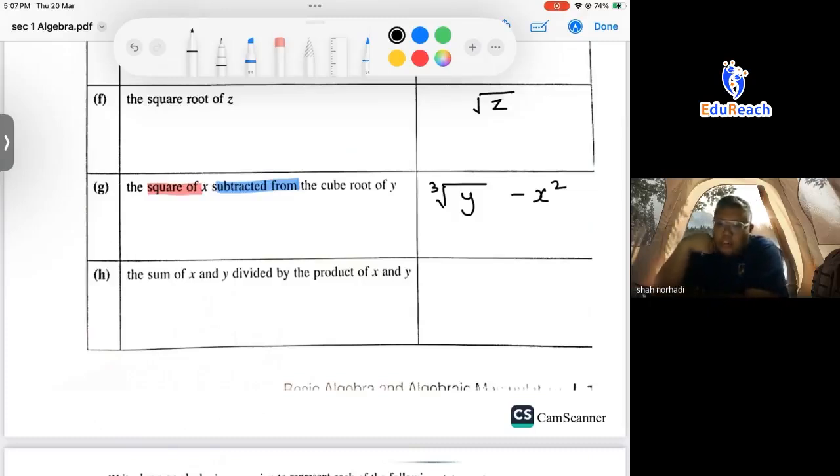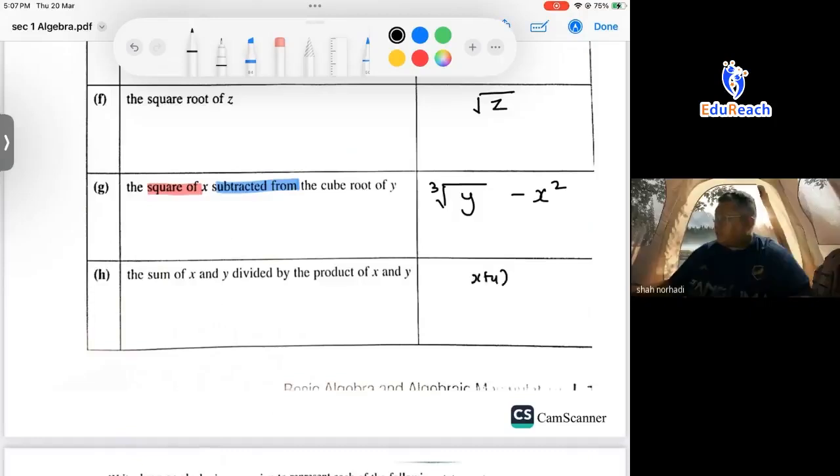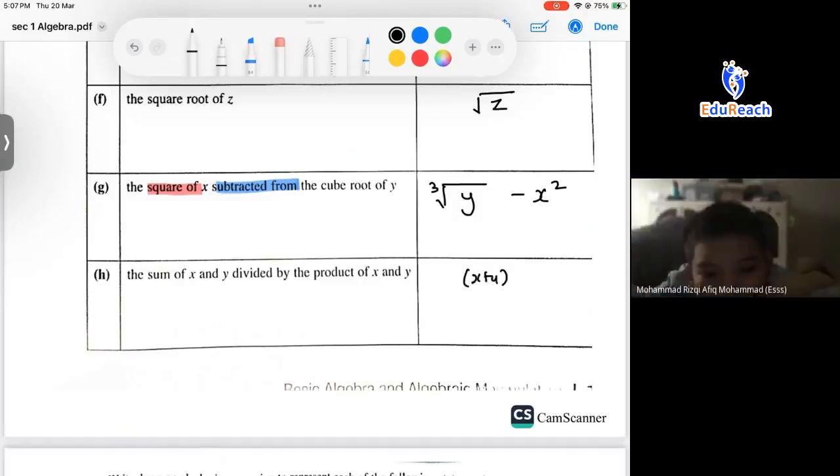All right, the last one, h. X bracket X plus Y close bracket, divided by x plus y, then divided by X times Y close bracket.